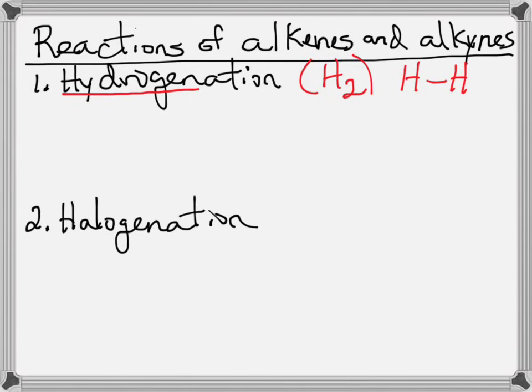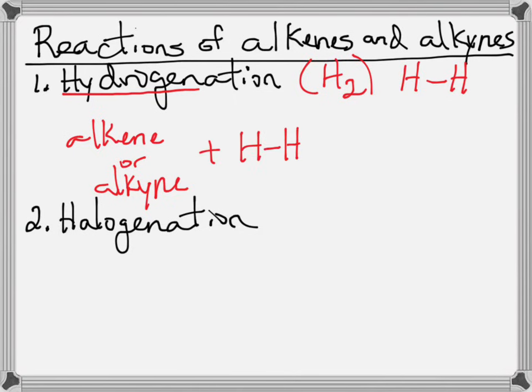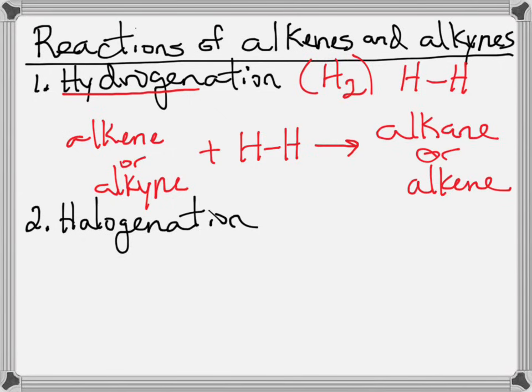And what we can do is take any alkene or alkyne, we add the hydrogen to it, and what we're going to get is an alkane or an alkene. So by doing this, the alkene will become an alkane. The alkyne will lose one of the bonds. It'll go from 3 bonds to 2 bonds. And notice with the alkene, we go from a carbon-carbon double bond to a carbon-carbon single bond. We're going to break one of those bonds.